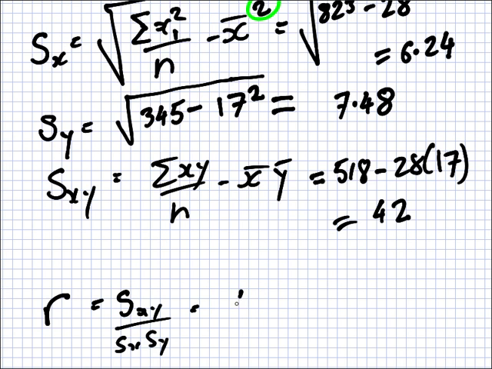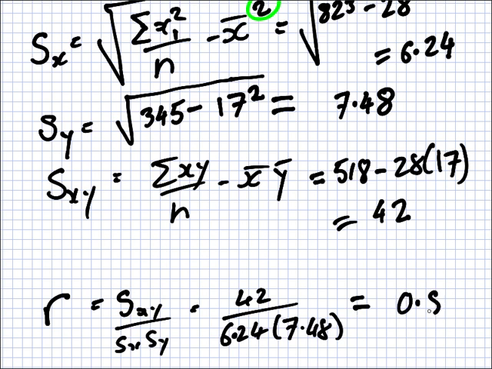So on the top I have 42, and on the bottom I have 6.24 times 7.48. What does that give me? Should be close to 1 actually. A little bit less than 1. 0.99? What is it? 0.8998? So yeah, that's about 0.9 then.